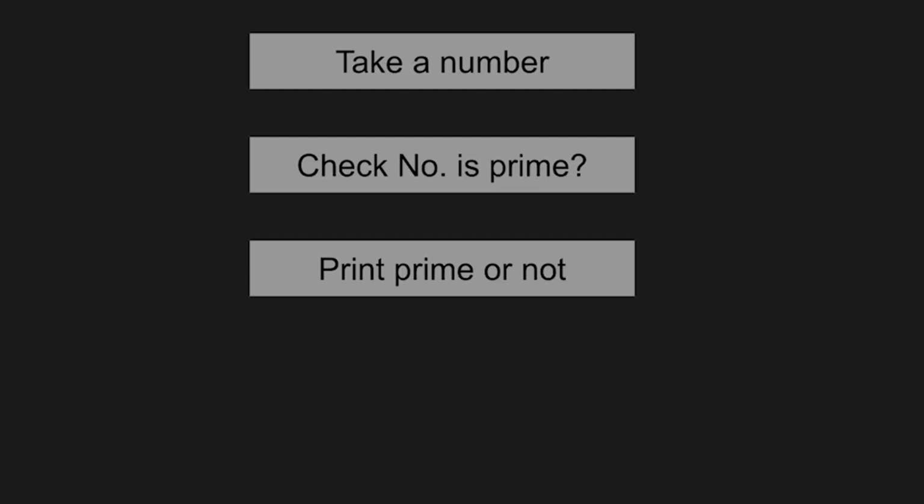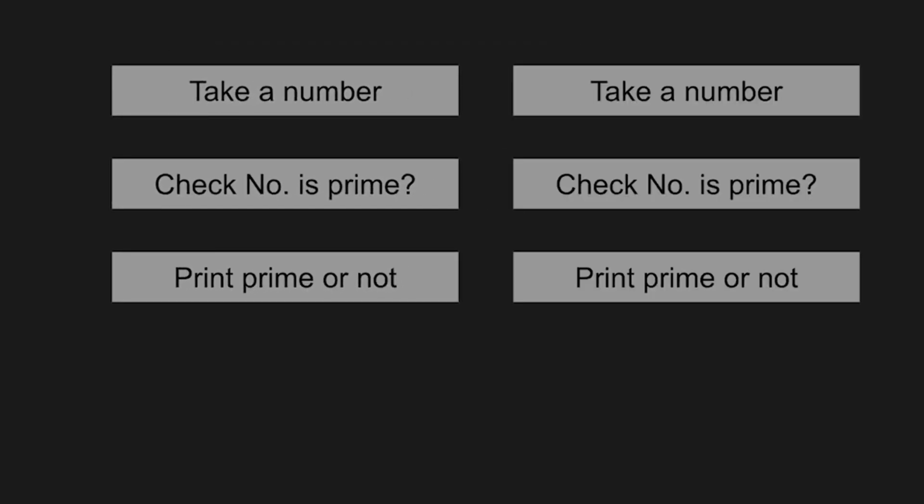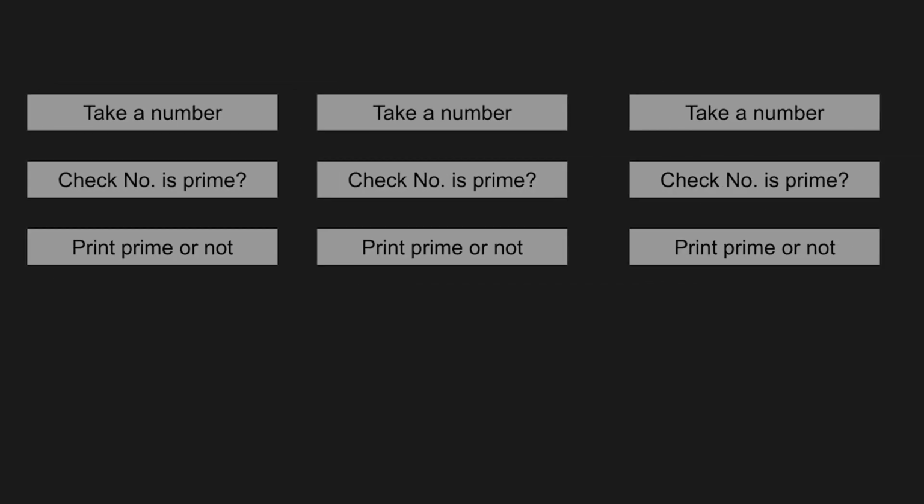Then I will execute the same operation again: take a number, check if the number is prime or not, and print the result. If I want to do this process once again, I will repeat all the tasks. So for validating three numbers, I have to do this process 3 times.